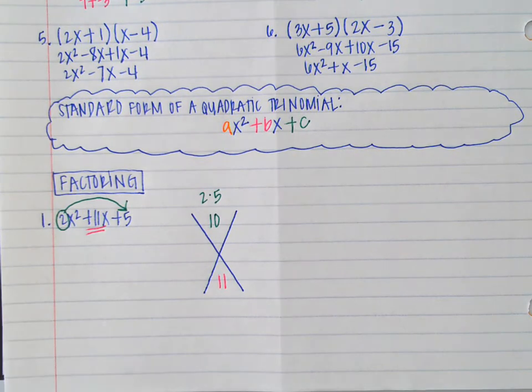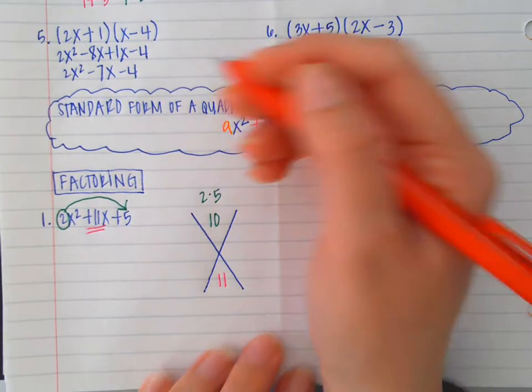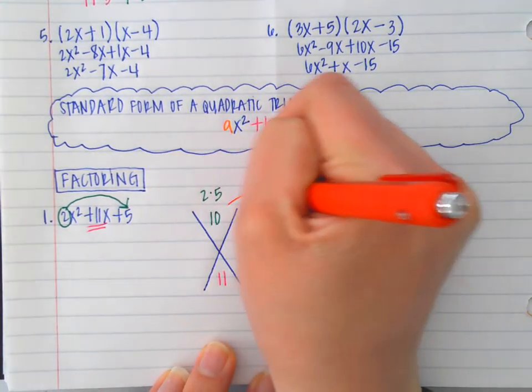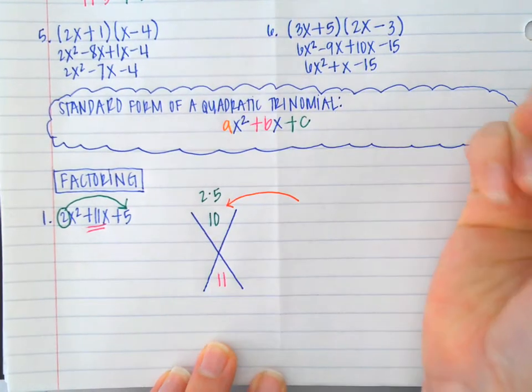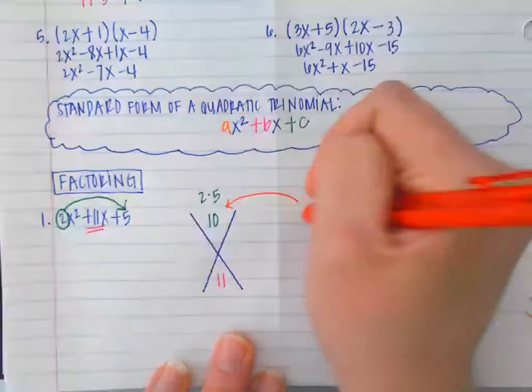So what we're going to do is we are always going to be thinking the same thing over and over and over. So your first thought is going to be, what numbers multiply to get you 10?